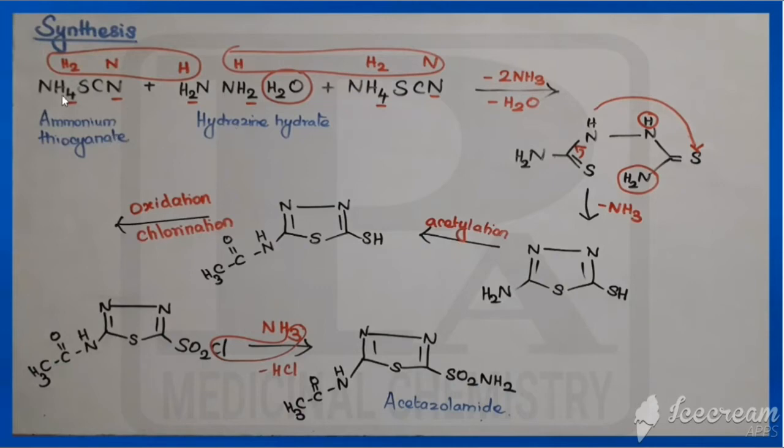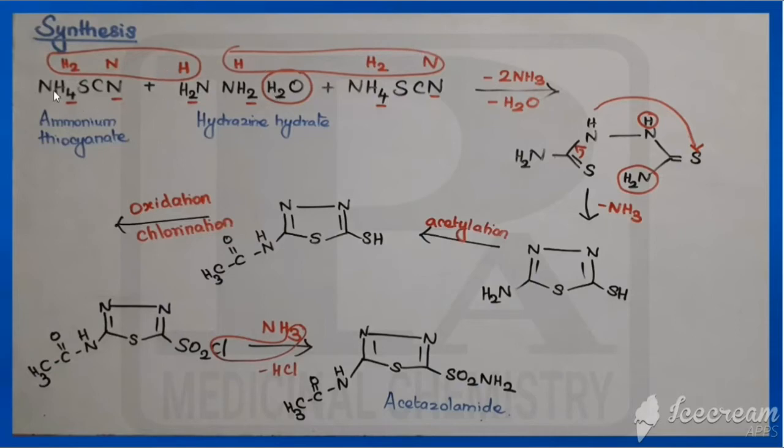So here what happens, in that 4 hydrogens, 2 hydrogens would be taken, and this nitrogen also would be taken, and from NH2 1 hydrogen would be taken, and that is eliminated as ammonia, and this water molecule also would be removed. Same as that, here one hydrogen, here two hydrogens, this nitrogen. So one more molecule of ammonia would be removed. So totally two molecules of ammonia plus one water molecule would be removed.